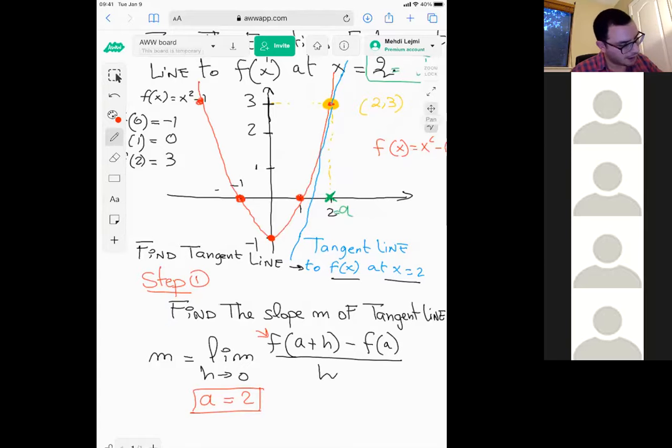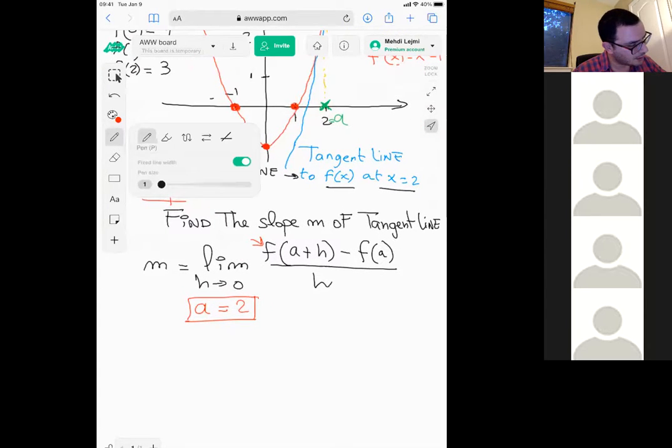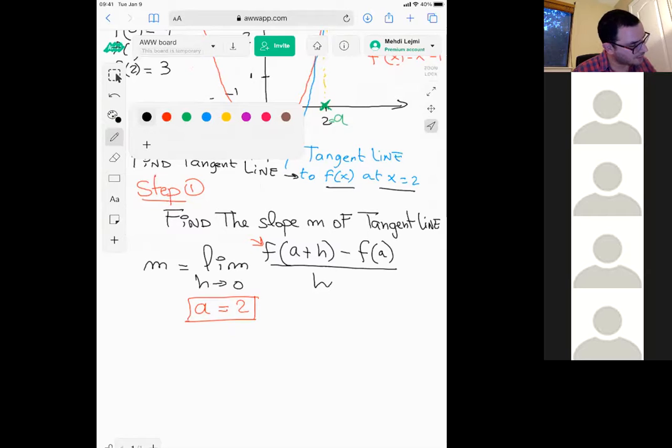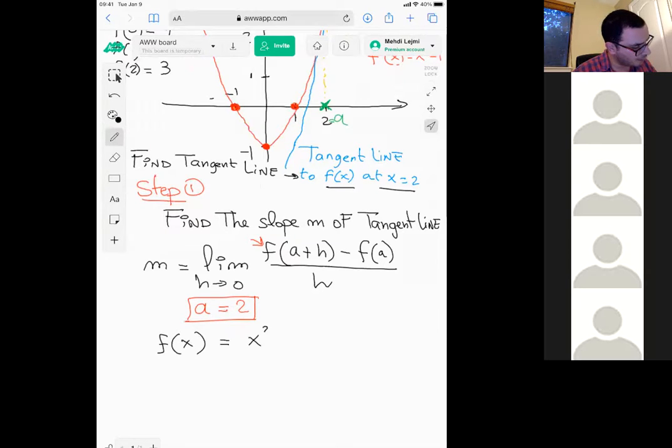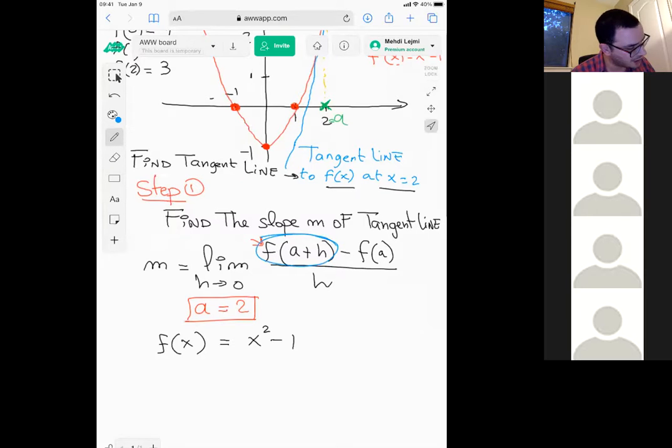And then f of x is x squared minus 1, right? So in this definition, you see here, guys, we need f of a plus h. a is 2, so we're going to need f of 2 plus h.